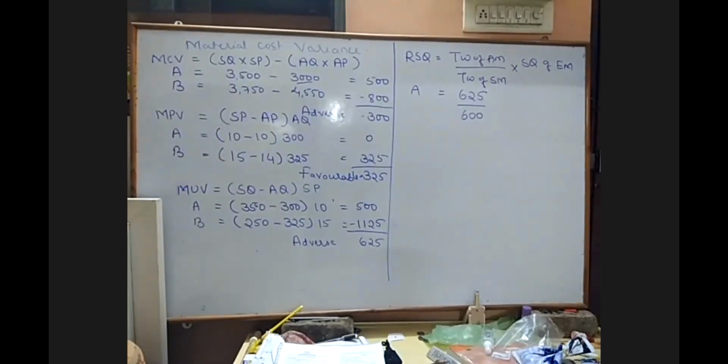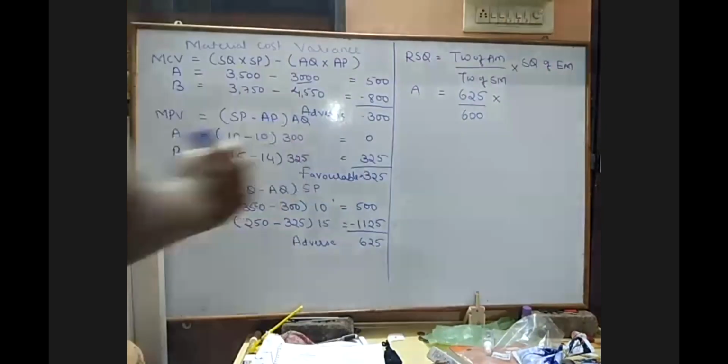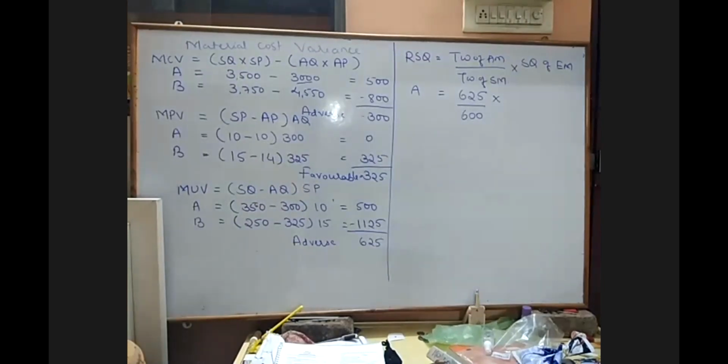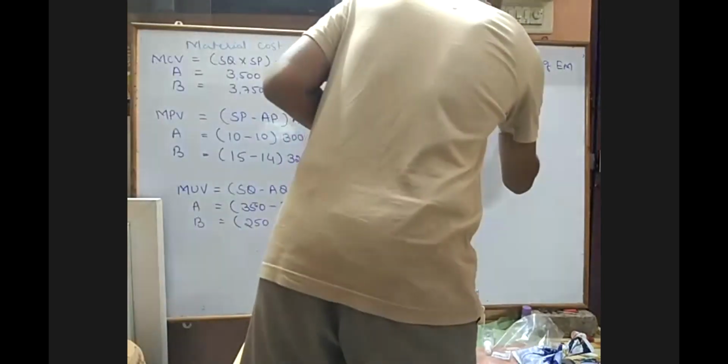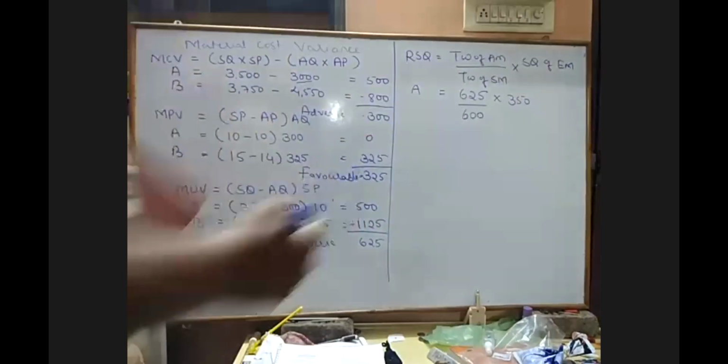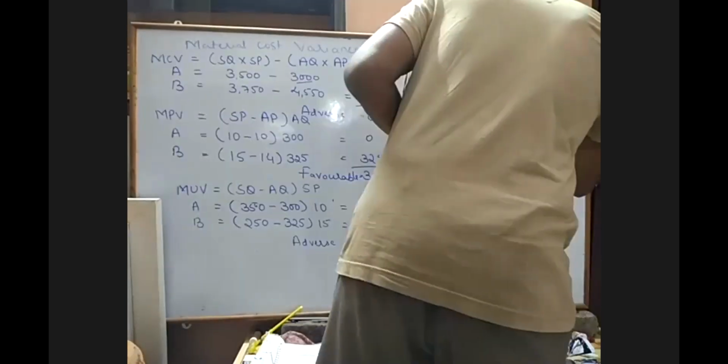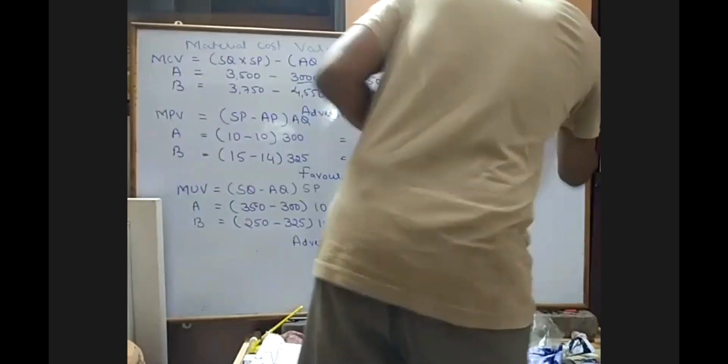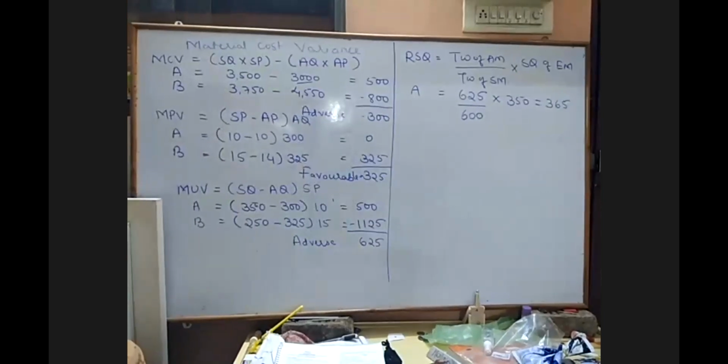You can see the total of standard quantity, that is 600, multiplied by the standard quantity of A. What is the standard quantity of A? 350. Can you tell me what will be the value? 625 divided by 600 into 350. 364.59. We will take it as 365. Round off, right? Because materials usually we cannot take in points.